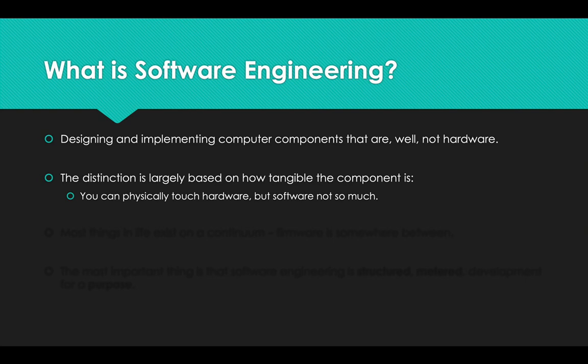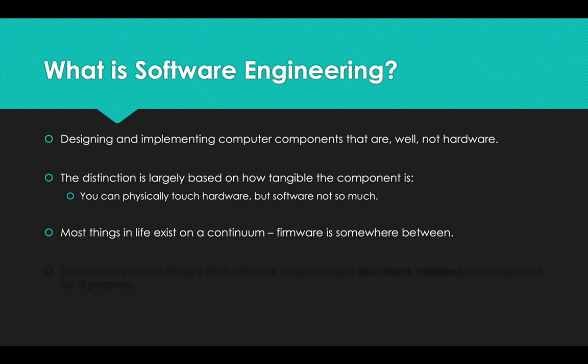And so this distinction is really based on how tangible that particular piece of computer equipment is. Obviously there are networking solutions, there are actual processor hardware implementation solutions to specific problems. We're not so much concerned about those here, but what we're actually concerned about is generating code or software to solve real life problems.